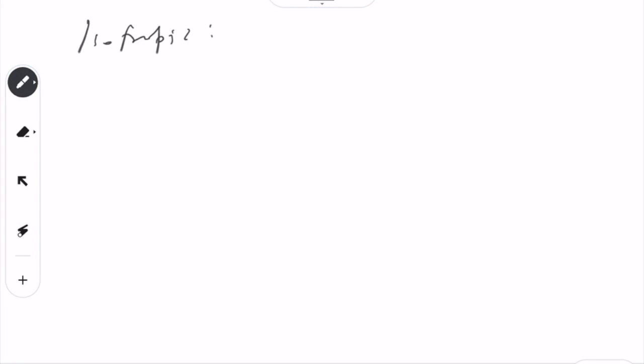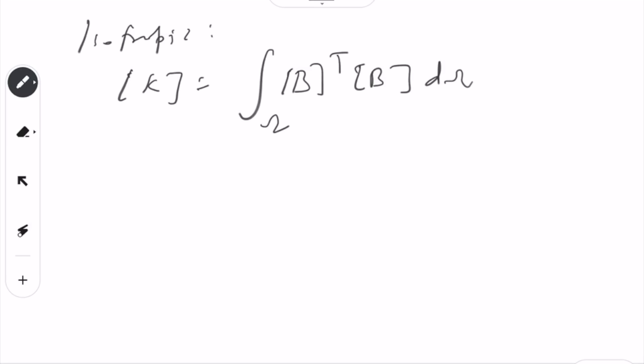For isotropic, we can simply write K equal to the integral of B transpose B d omega, writing k inside that.